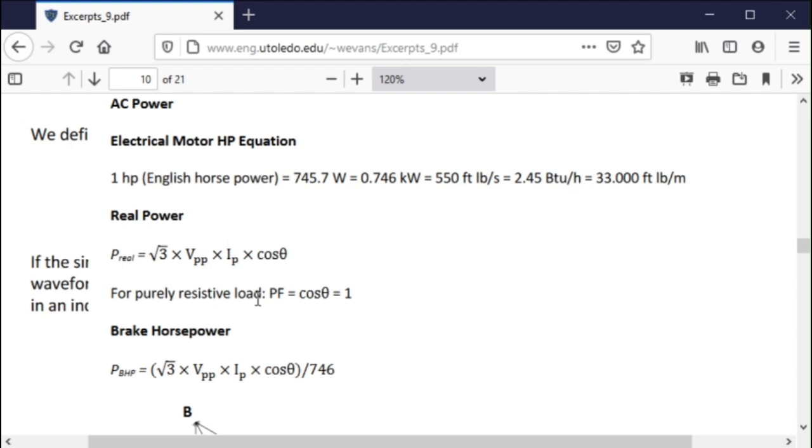How do you get this P in watts? For three-phase power, you get the real part, which is square root of 3 times V phase to phase, not peak to peak, times the current of any one phase times cosine of the angle between voltage and current.